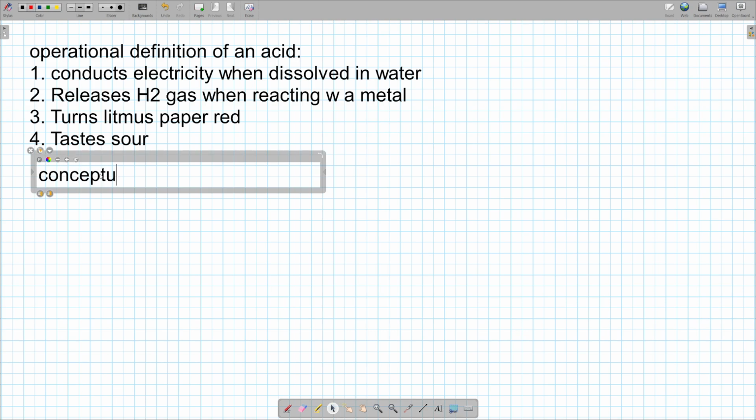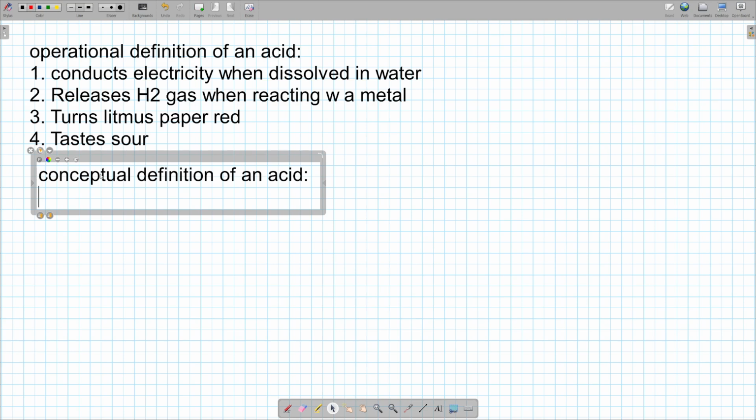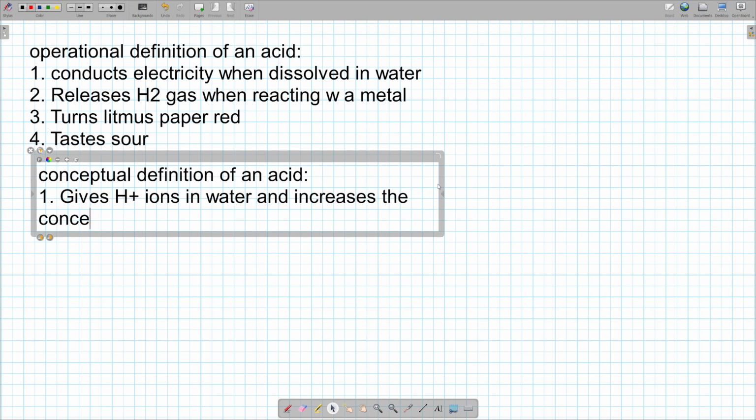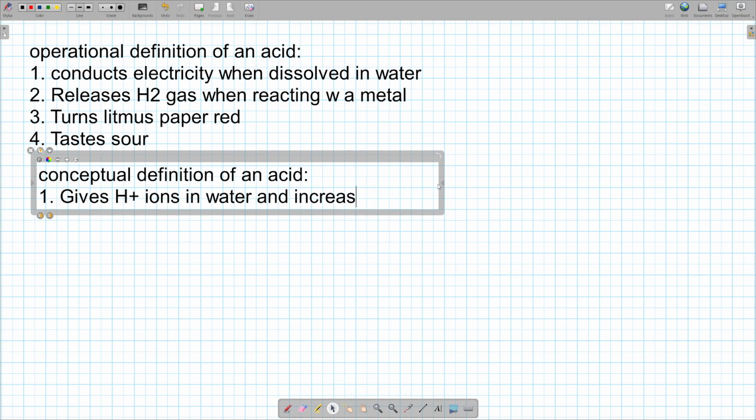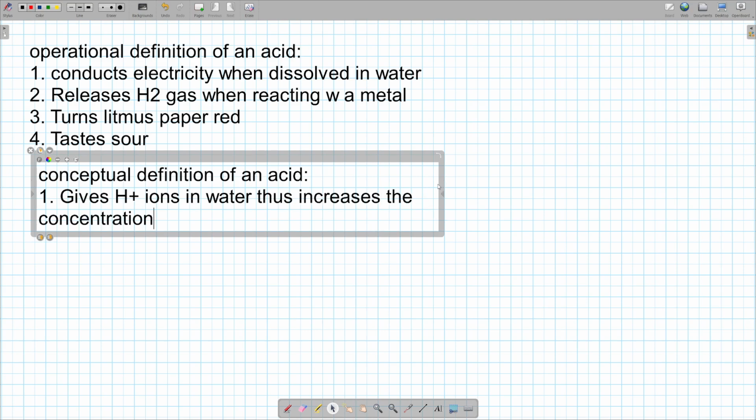These are very important. Definition of an acid: you need to know that it gives H plus ions in water and thus increases the concentration of H plus.